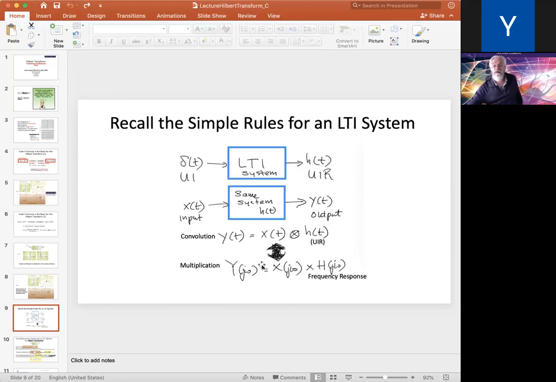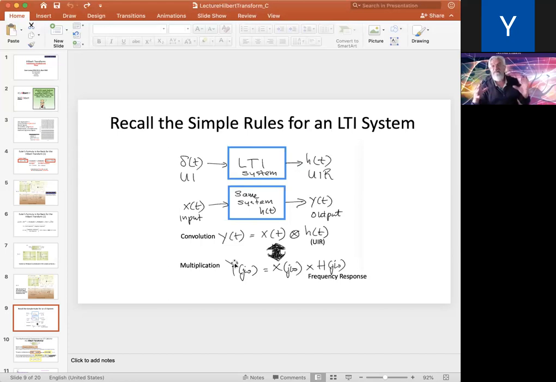And there, lo and behold, we found that that complex convolution operation, which is an integral operation, is actually pretty simple in the frequency domain, because if you do a Fourier transform of x(t) to X(j omega) and h(t) to the frequency response H(j omega), then you just multiply the two and you get the Fourier transform of the output. So that makes life a lot simpler in this particular case.